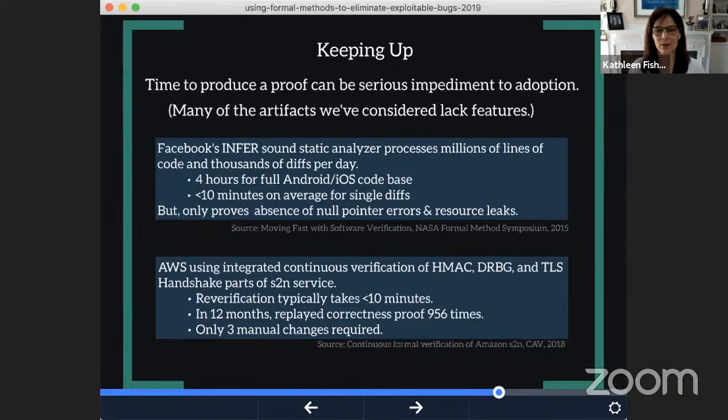Similarly, there's work at Amazon Web Services where they wanted to verify the TLS, the transport layer security, of their services. And previously, Andrew Appel and his team published in USENIX Security a proof of the high-level specification down to a relatively high-level implementation.